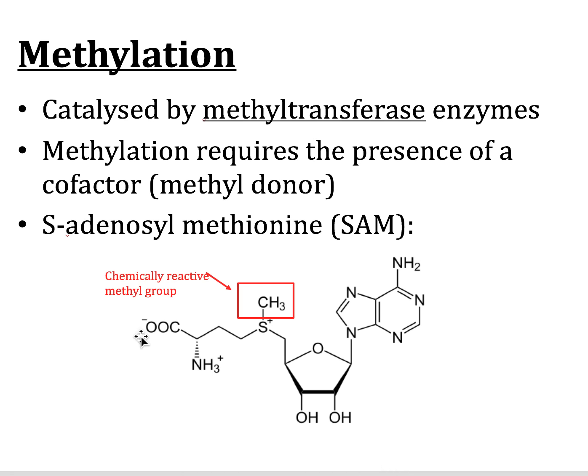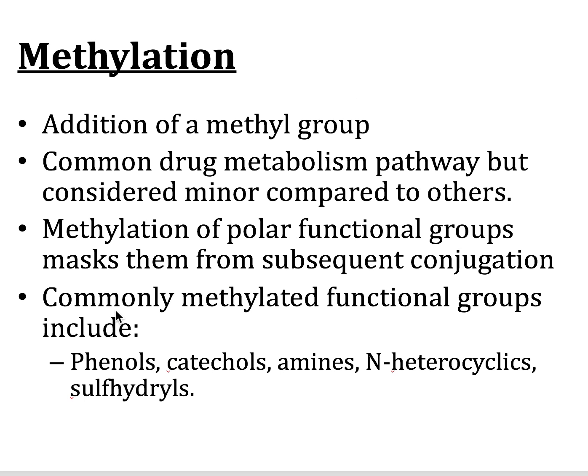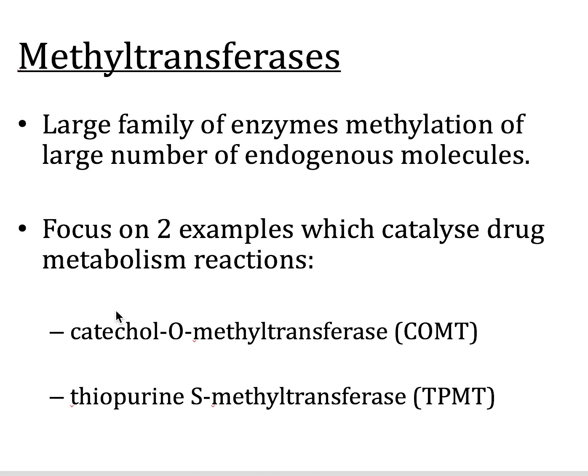Like we said before, a chemically reactive methyl group is present here. Methyl transferases: we focus on two examples which catalyze drug metabolism reactions. The main two types of methyl transferases are COMT, catechol O-methyltransferase, and TPMT, thiopurine S-methyltransferase.